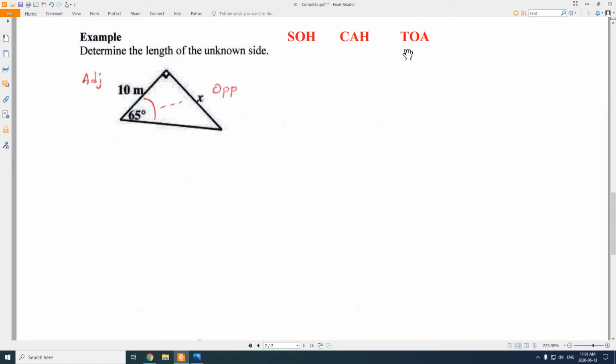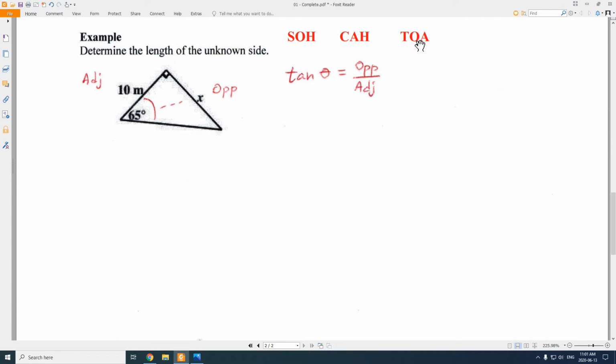Oh, okay, I'm going to use TOA. I'm going to use my tan equation. So that's why we use this thing to figure out which equation, right? Opposite and adjacent. I'm looking at the last 2 letters. The only ones that have opposite and adjacent is tan. So I'm going to use my tan equation. Tan theta equals opposite over adjacent.